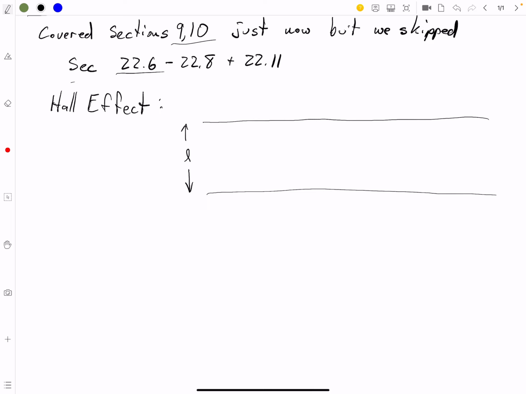Let's say we've got electrons. This little guy is going this direction with a drift velocity, which means the current goes this direction.